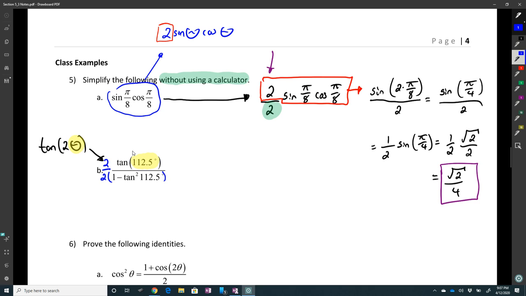Okay, you know what? I'm just going to write it over here. I'm going to rewrite it. So this is 2 tangent of 112.5 degrees over. Now the other 2 is there, but it's being multiplied by everything on the bottom. I'm not going to distribute it because I have my formula already.